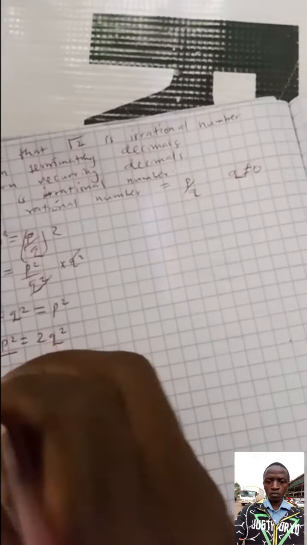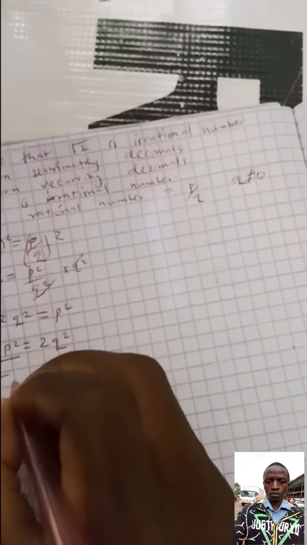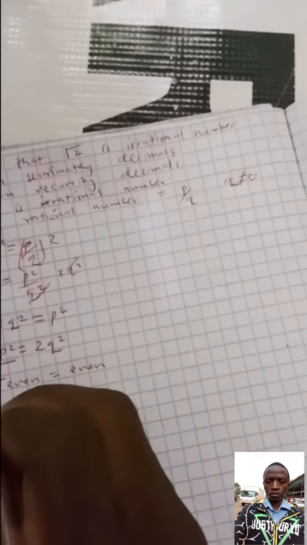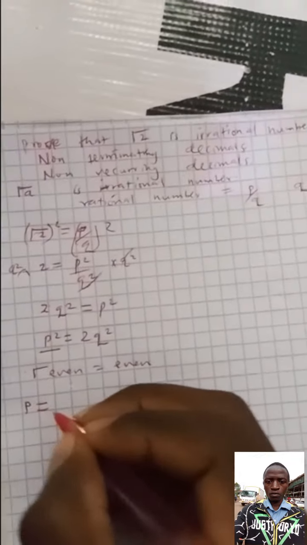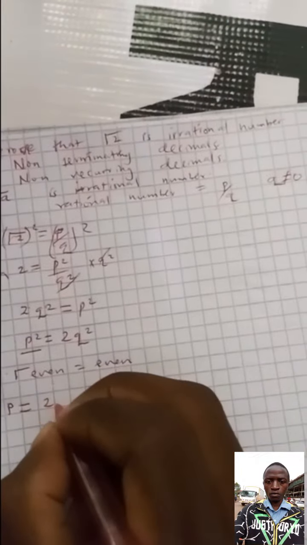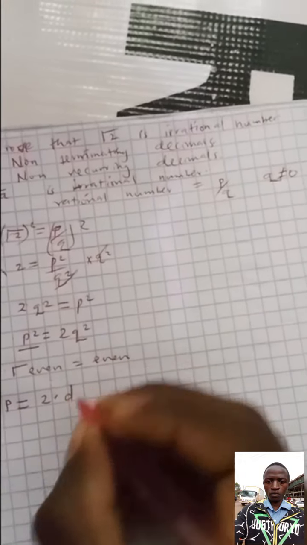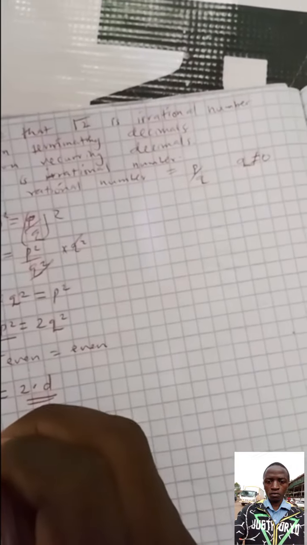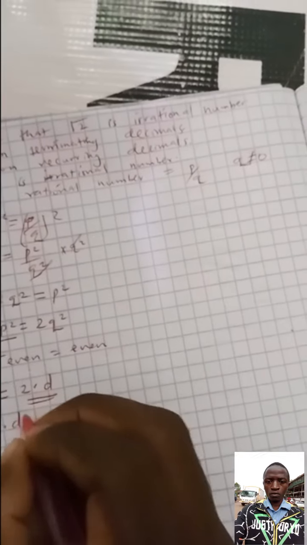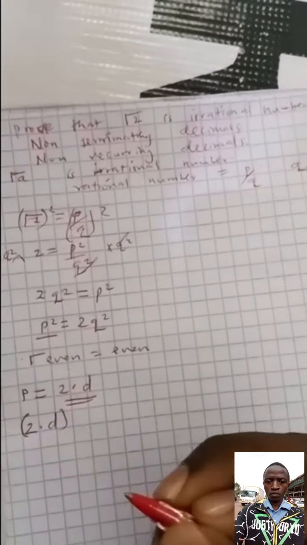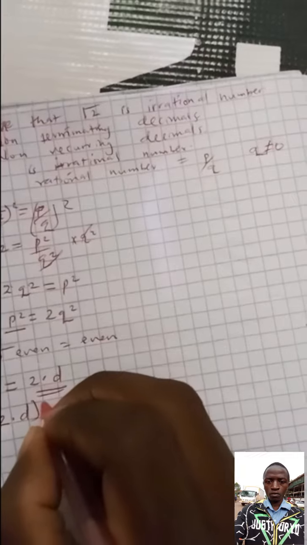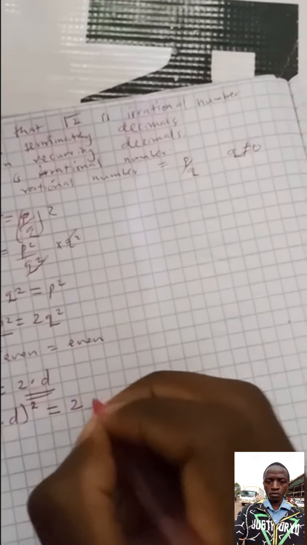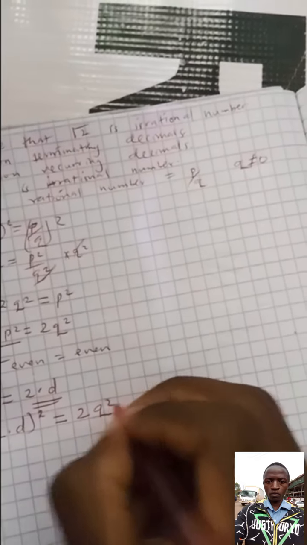and we know that the square root of an even number is also even, which means p can be written as 2 multiplied by something. This is an even number, so p will be 2d. When it is squared, it is equal to 2q squared.